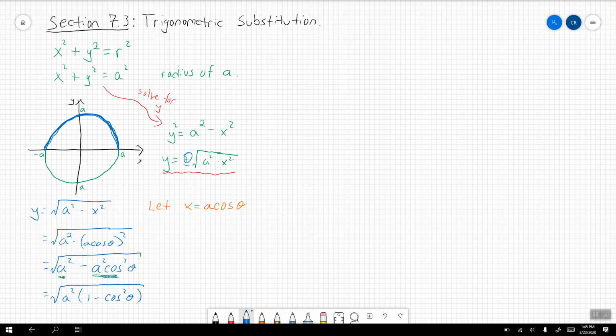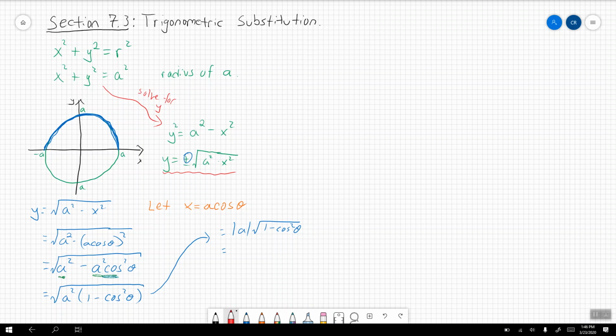Now, if we keep going with this whole process, let's evaluate this a little bit further. Taking the square root of a squared is going to leave us with the absolute value of a multiplied by the square root of 1 minus cosine squared theta. But notice that the radicand, 1 minus cosine squared, is actually a Pythagorean identity.